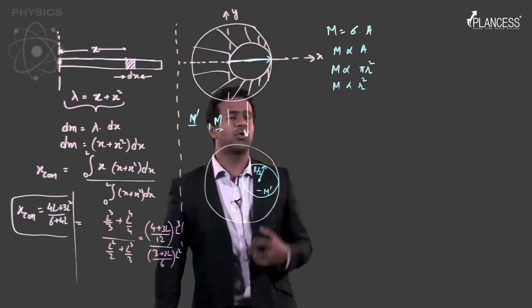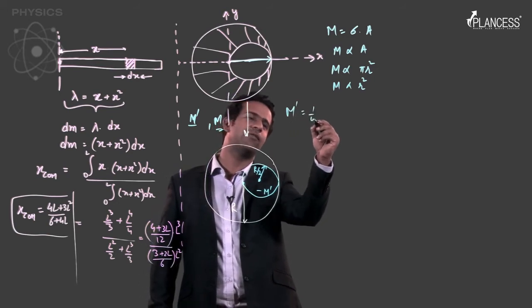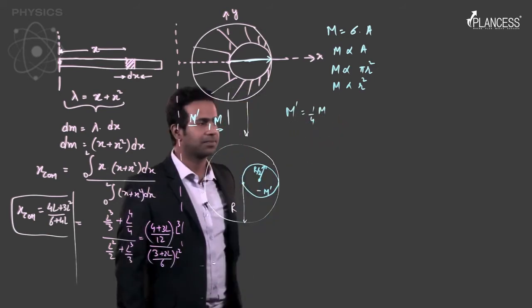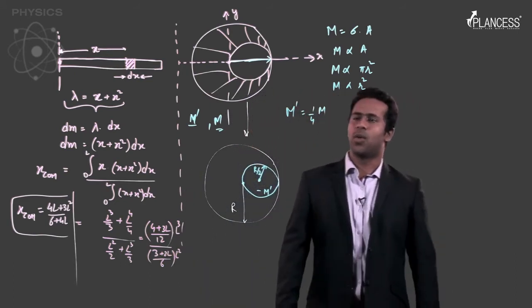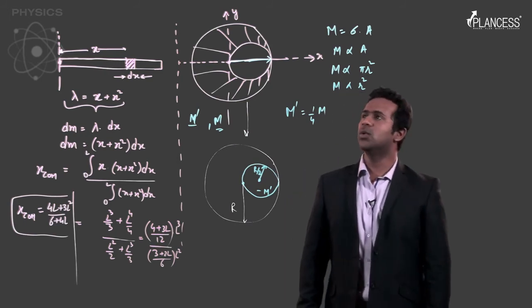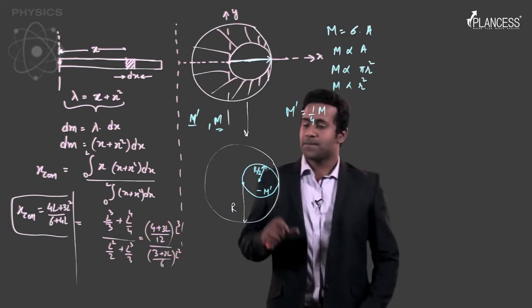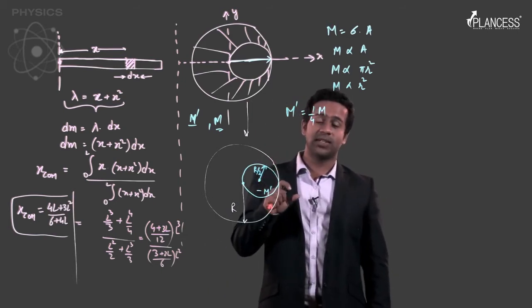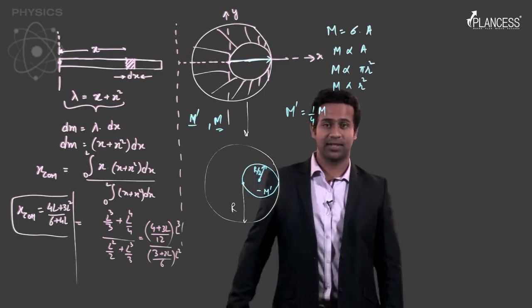So we can say that m dash is 1/4 of the mass, in magnitude, of the total mass of the disk, right? Once we do that, the rest of the problem is fairly obvious. We can replace these bodies with their mass kept at their respective centers of mass, right?